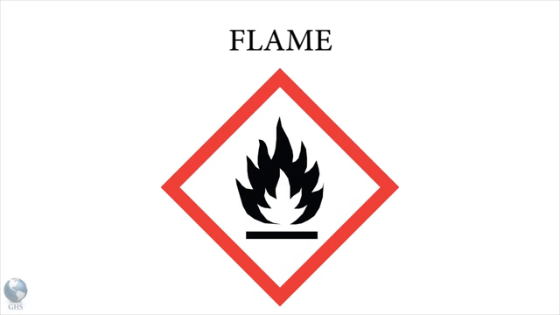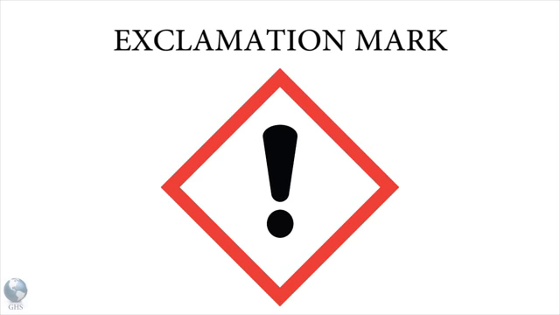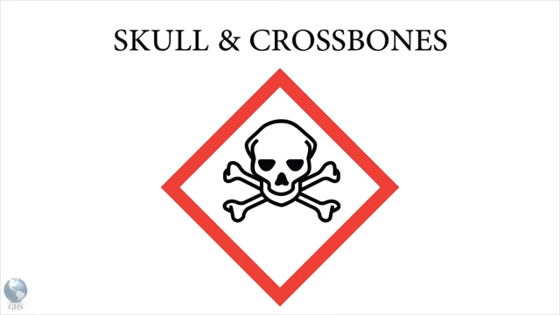combustible materials. The exclamation mark pictogram will usually be used in combination with a health hazard pictogram to signify particular health risks which are less severe than the skull and crossbones category. The skull and crossbones pictogram will usually be used in combination with a health hazard pictogram to signify particularly hazardous chemicals.